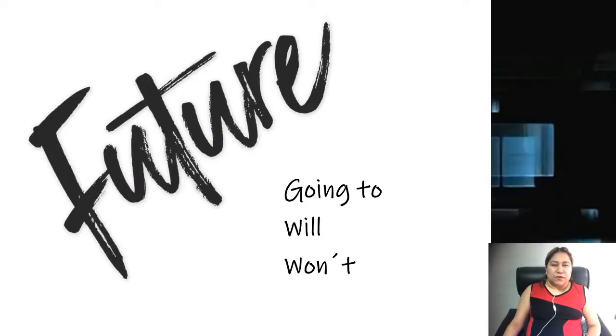When we use a future tense, generally we use words such as going to, will, or want. And before starting, let me tell you what a future tense is. This is a verbal tense that is used to describe activities that you will practice in the future.